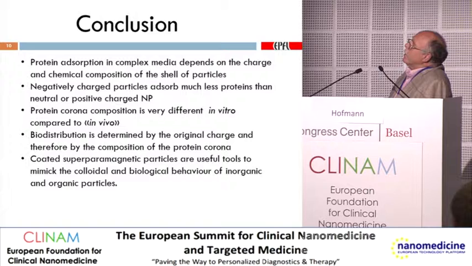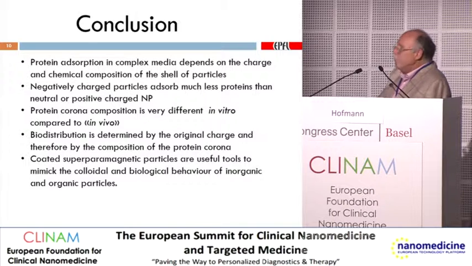So protein absorption in complex media depends on the charge and chemical composition of the shell of the particle. So we can influence these two. Negatively charged particles absorb much less protein than neutral or positively charged ones. The protein corona composition is very different in vitro compared to in vivo.